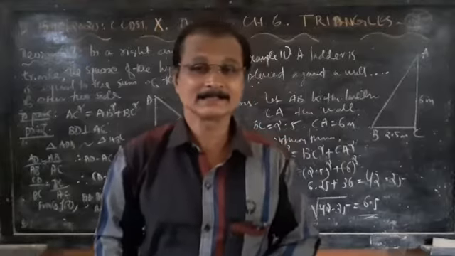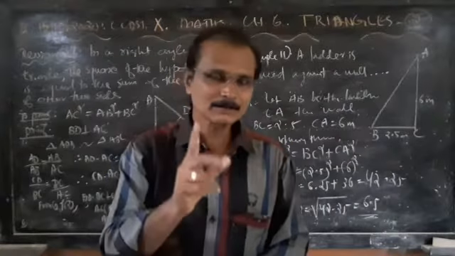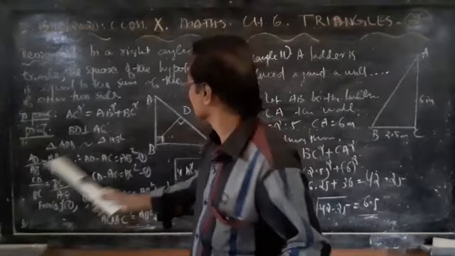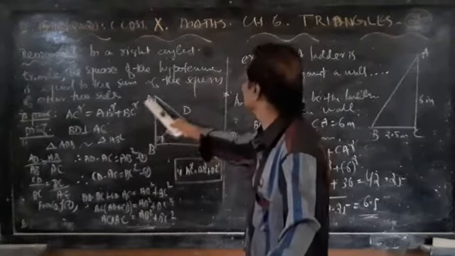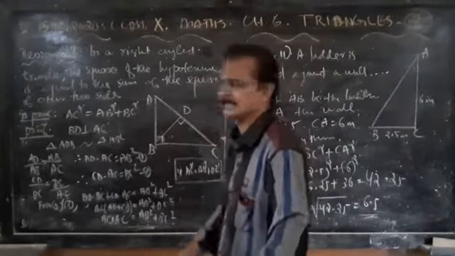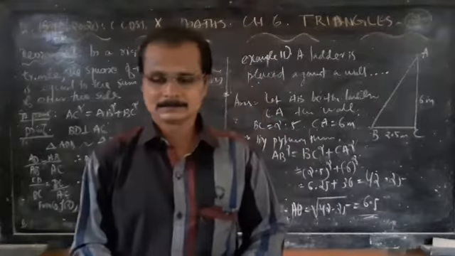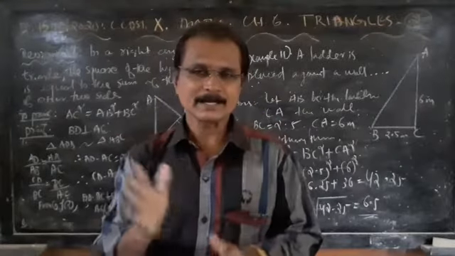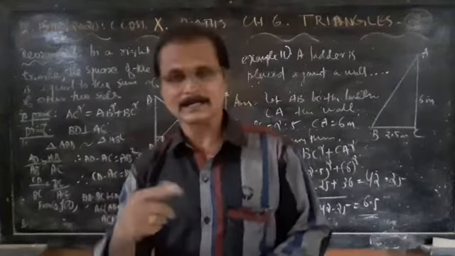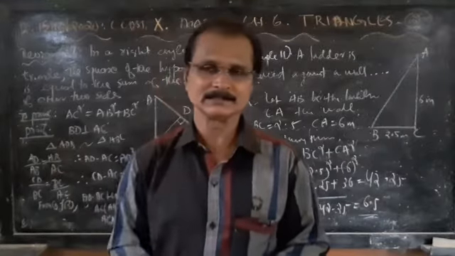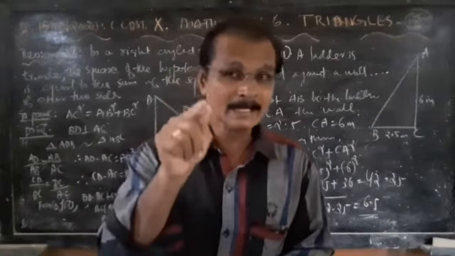What is the statement? Page number 145. In a right angled triangle, triangle ABC is right angled, angle B is right angle. I have made a different shape of triangle on this board. Your textbook has a different shape, but angle B is right angle in your textbook also, and here also. So no difference. The shape is a little different, but here also it is a right angle triangle, and angle B is right angle.